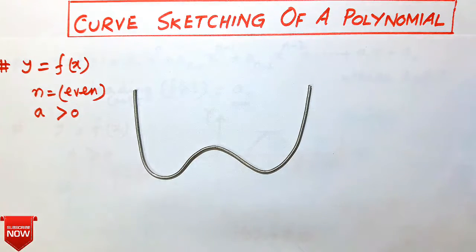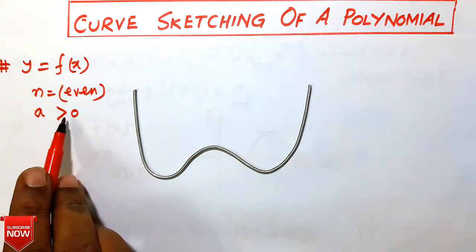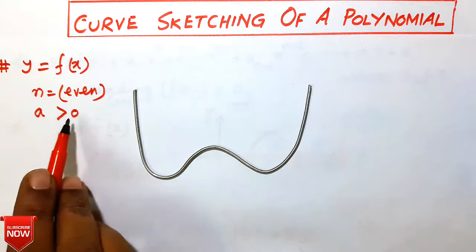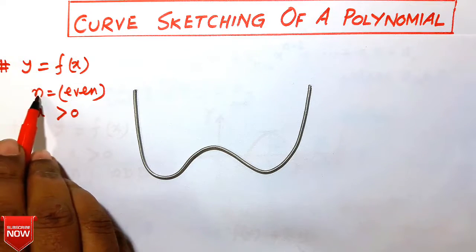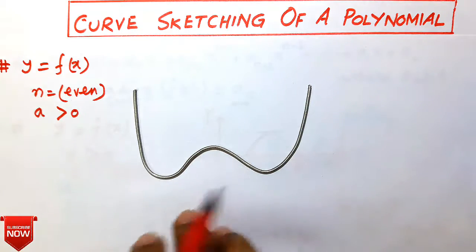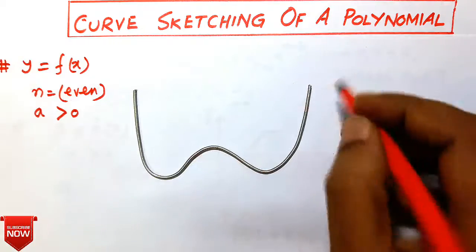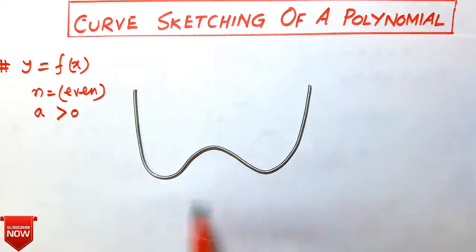Now friends, when the leading coefficient is greater than 0 and the degree of the polynomial is even, then the curve ends will be in the upward direction.